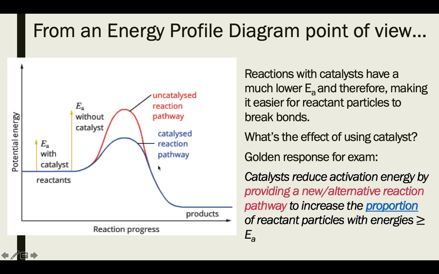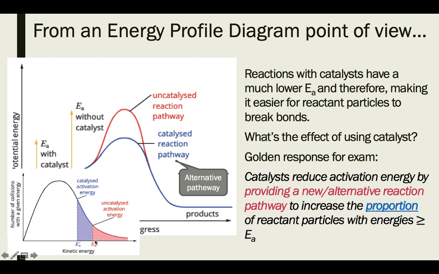Now, what if you're asked what's the effect of using a catalyst on rate of reaction? Here is your golden response for an exam. Catalysts reduce the activation energy by providing a new, or you can say an alternative, reaction pathway to increase the proportion of reactant particles with sufficient energy, and therefore increase the proportion of successful collisions.